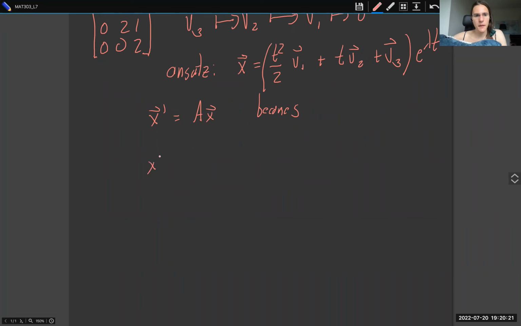So x prime is equal to, well, I'm going to arrange it in terms of powers of t, because if you have things equal as functions of t which are polynomials, then the coefficients of those polynomials have to be equal. Because polynomials are extensionally determined by their coefficients, at least over the real numbers. So we're going to get t squared over 2, and then we're going to have to differentiate lambda in order to get a t squared.